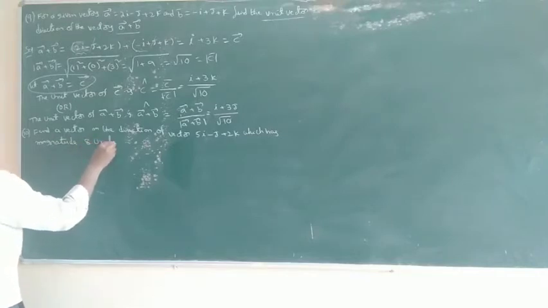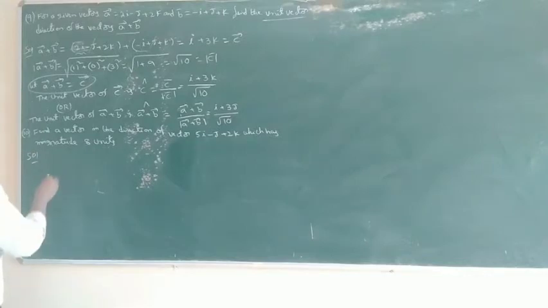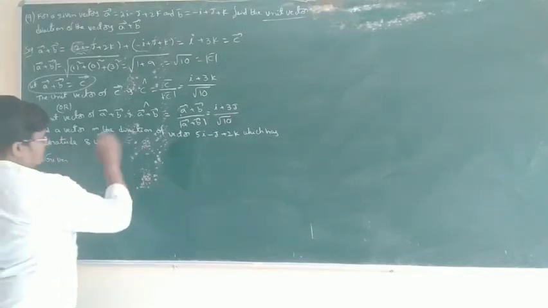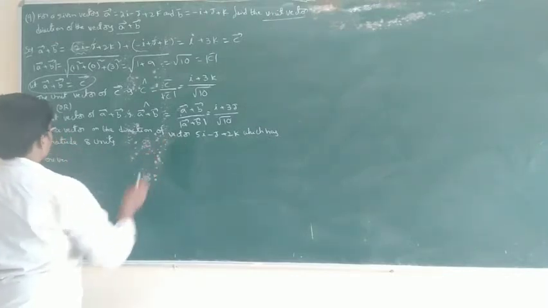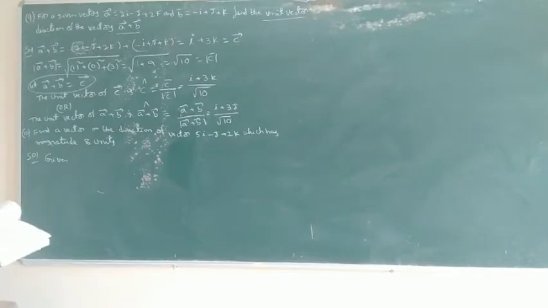Solution. Given, find a vector in the direction of the vector which has magnitude 8 units.